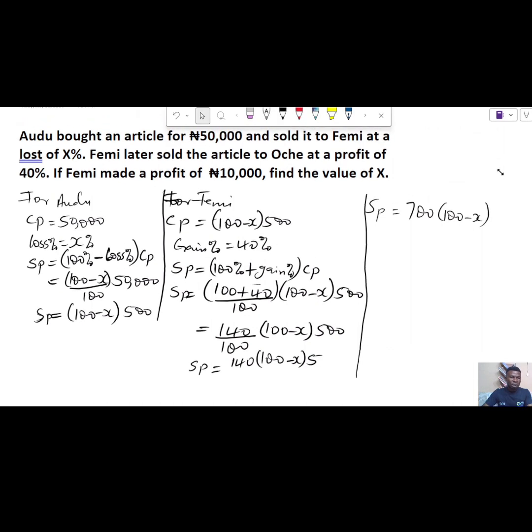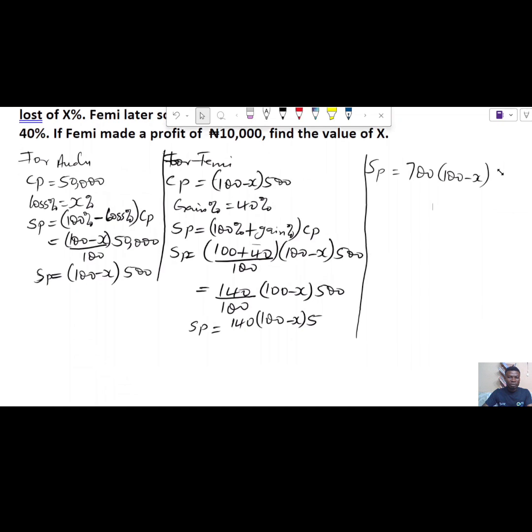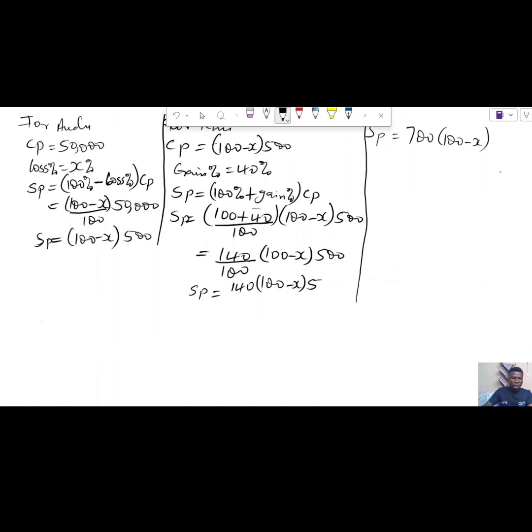And the question went further to say that if Femi made a profit of 10,000 naira, find the value of x. We know that profit is always equal to the selling price minus the cost price, right?